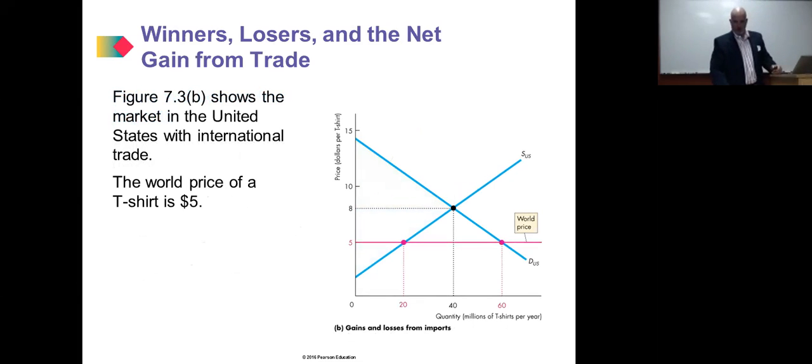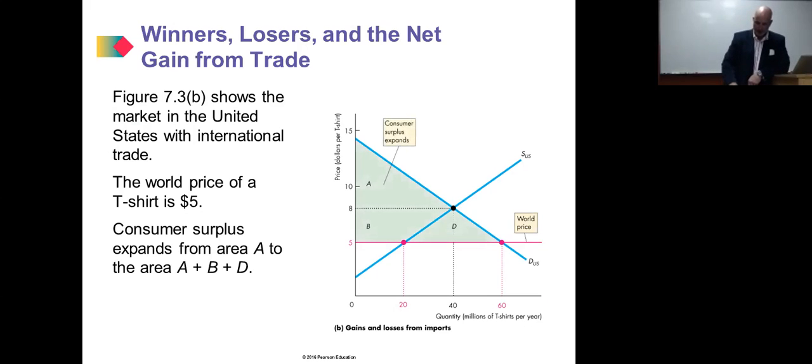Now again, let's compare this to the world markets. The world price is $5. So look what happens to the consumer surplus area. It's going to expand to include areas A, B, and D. So if we carve out that area of A plus B plus D, that represents our new consumer surplus.